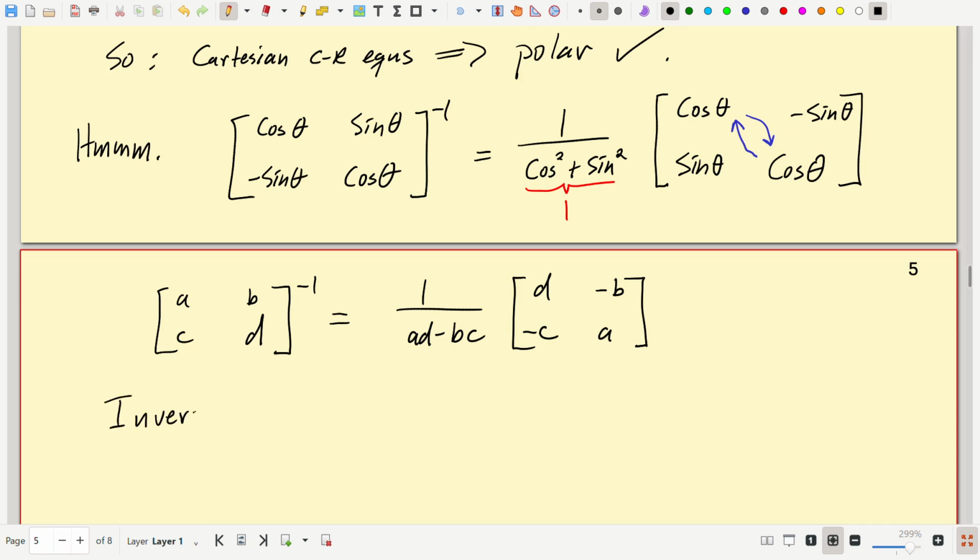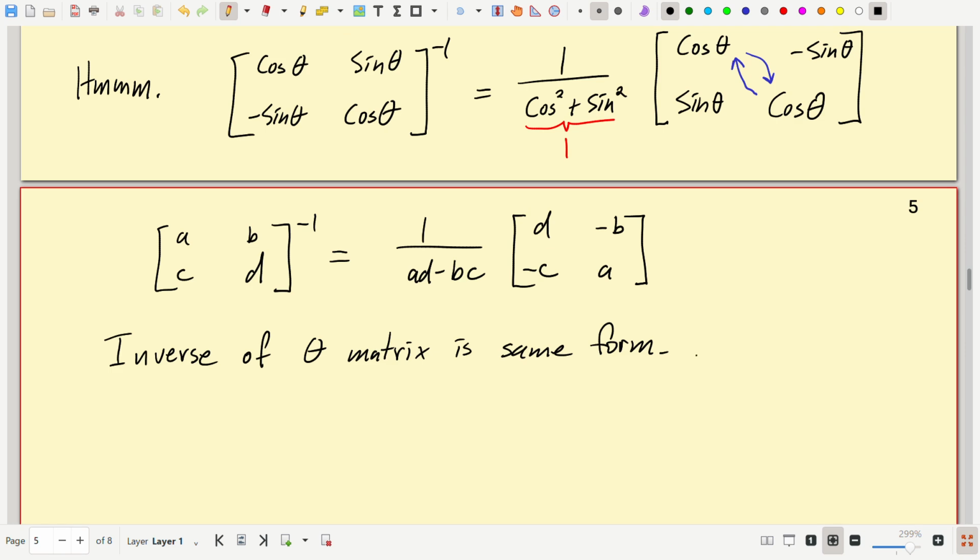The inverse of the theta matrix is the same form. And so I can multiply through by it on the left. Multiply on the left by the inverse.